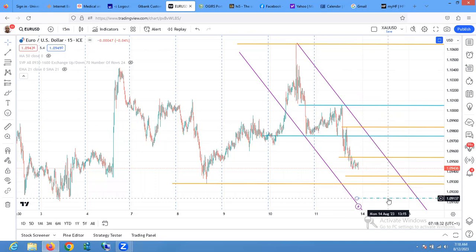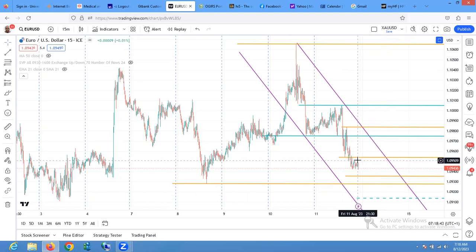So we are expecting a reaction around this area or below for us to cross to the upside. So we are going to be watching for a break of structure. If we have a break to the upside and we have any sell position, we may close our sell position once we break.